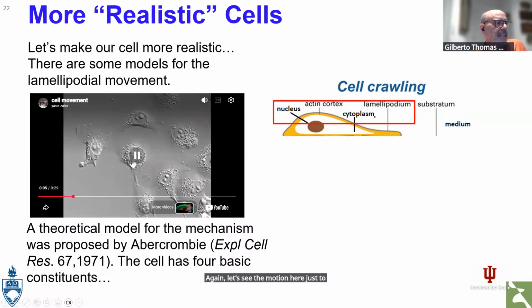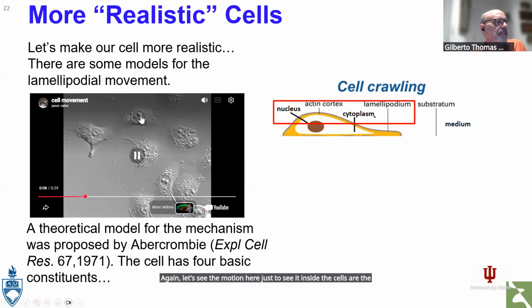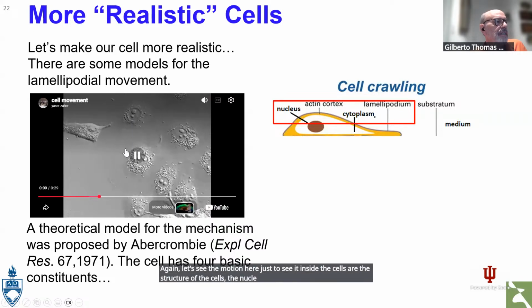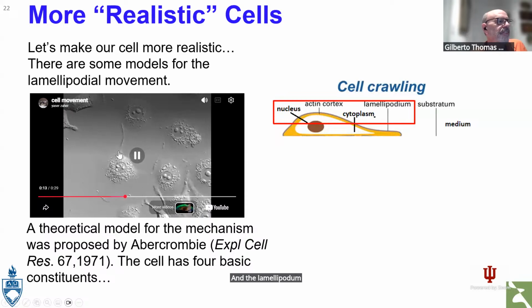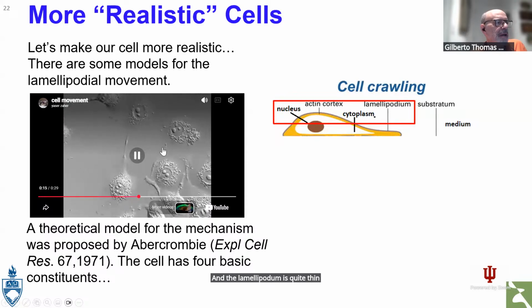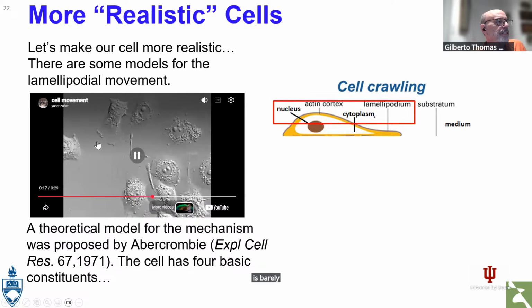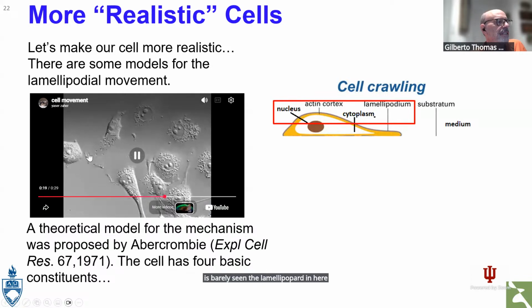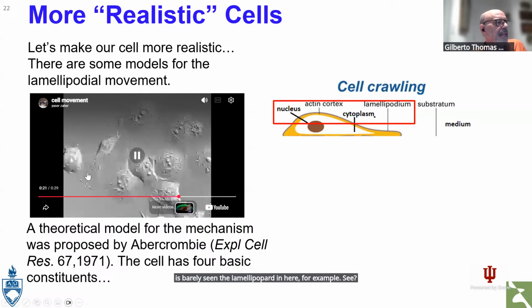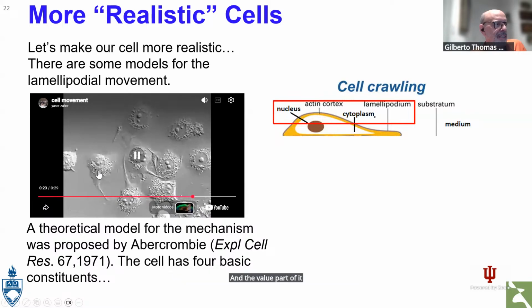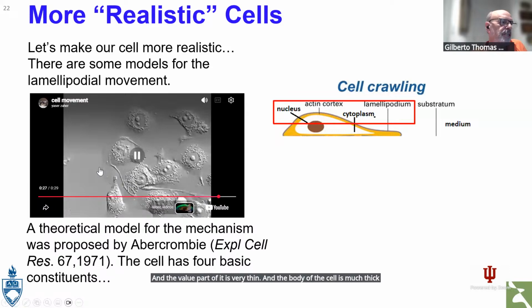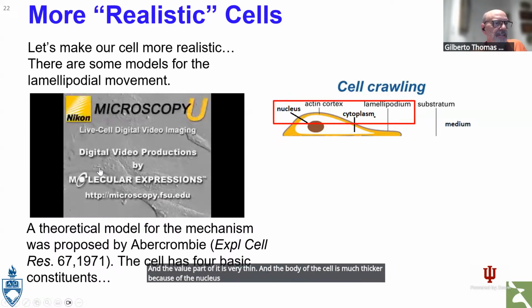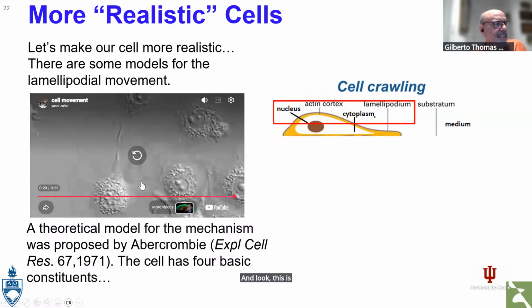Inside the cells are the structures of the cells, the nucleus, the mitochondria, and the lamellipodium is quite thin, barely seen here, for example. See? The lamellipodium is very thin, and the body of the cell is much thicker because of the nucleus. The nucleus is very, very high.